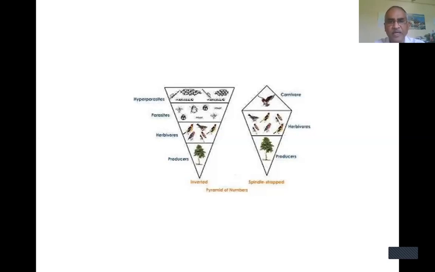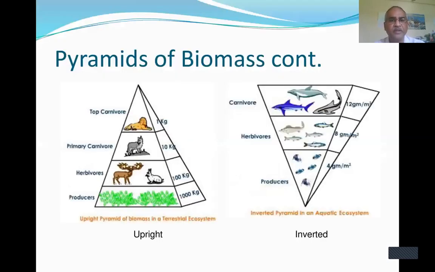And now let me consider another type of ecological pyramid. So this is pyramid of biomass. So here also again you can see these two types of pyramids, upright pyramid as well as inverted pyramid. So the bottom one, the upright pyramid, is actually a terrestrial ecosystem example.